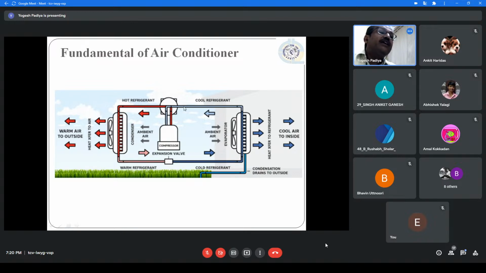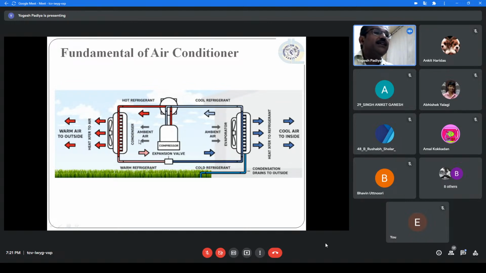The inside fluid is being compressed. Its pressure and temperature increase to the extent that it is higher than the atmospheric temperature. So now the heat of this gas is rejected to the atmosphere and it comes back. Again pick up, throw, pick up, throw. This is how the cycle operates in an AC.